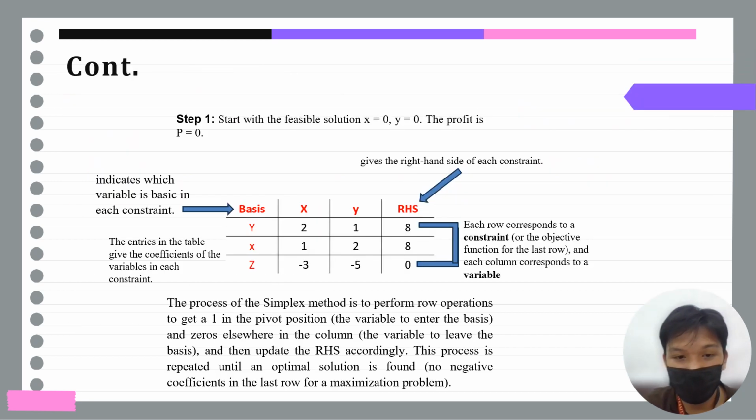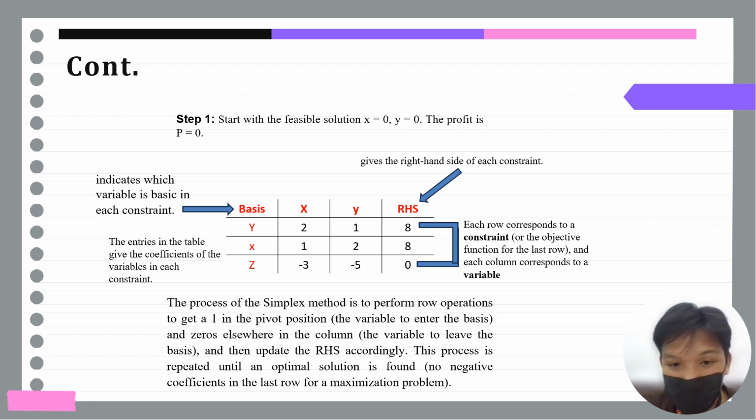As we can see from this slide, we start with the feasible solution, which is x equals 0 and y equals 0. The basis column is the basic variable in each constraint.